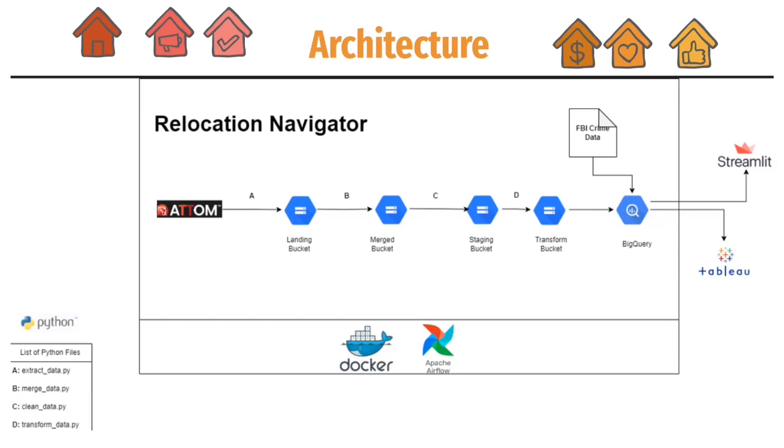I would be first covering the architecture, which essentially implements extract, transform, and load. Our project is hosted on Google Cloud Platform, and data has been extracted from the Atom API. The data was collected using Python and stored in the landing bucket.